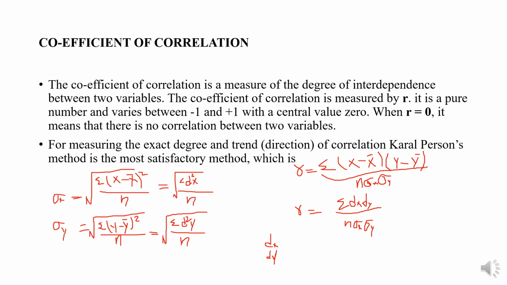These formulas are also known as the Pearson product moment correlation coefficient. These are the formulas.